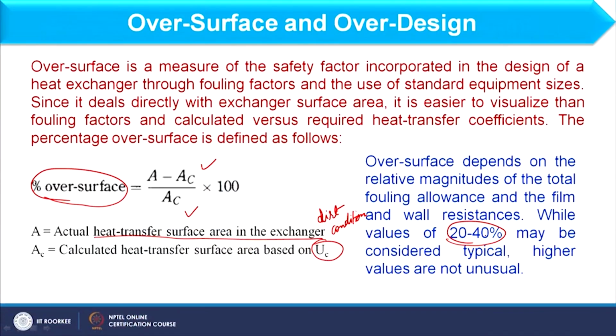So, when you consider this over surface percentage, it is up to 20 to 40%, and sometimes even higher than this, and then we consider that the design is not feasible or that it is an unusual condition.